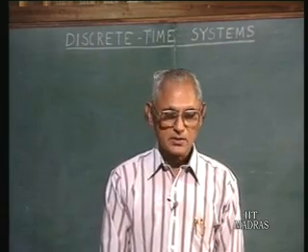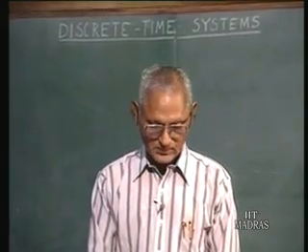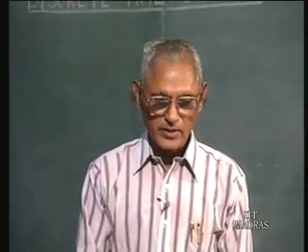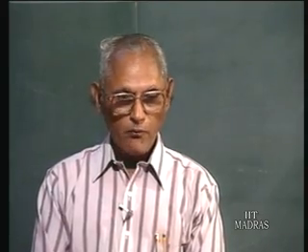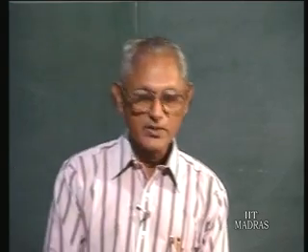We can call this capital T. This is also called the sampling period. So in a discrete time signal, we have a sequence of values of the signal which are occurring at regular intervals, and this can be represented by means of a figure like this.